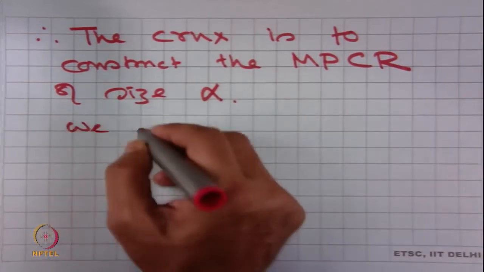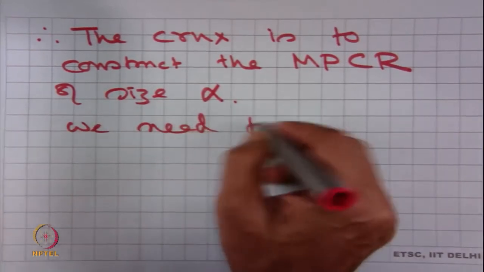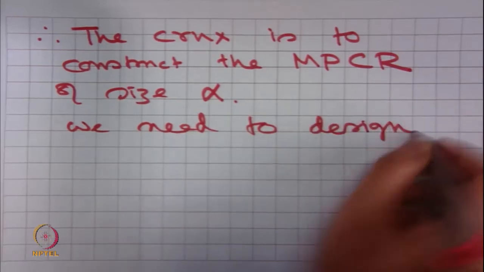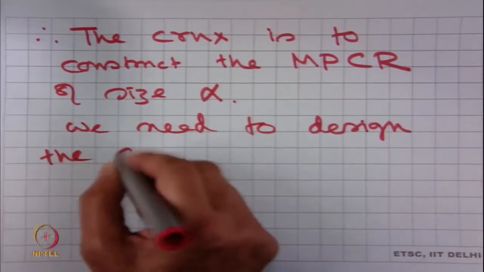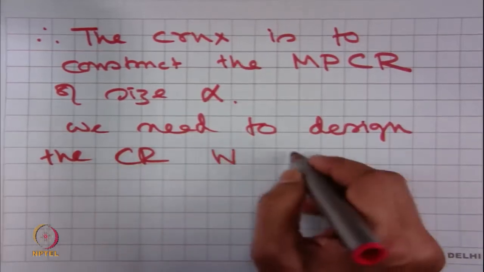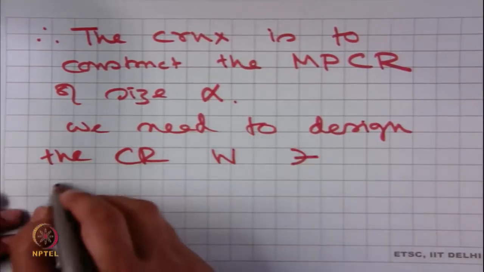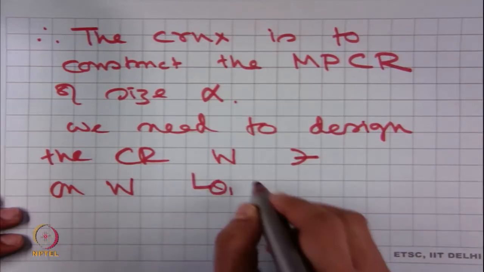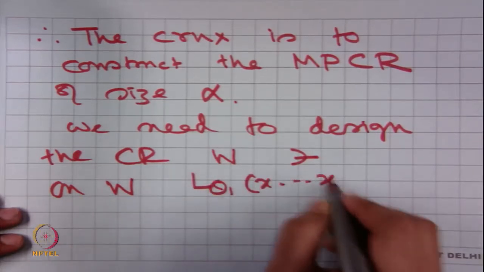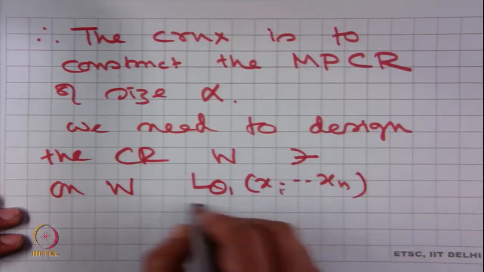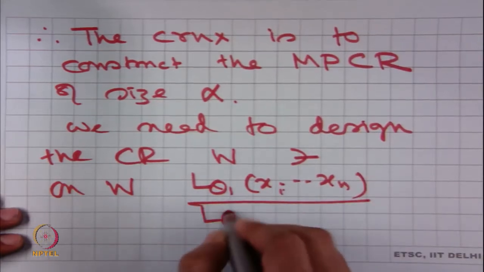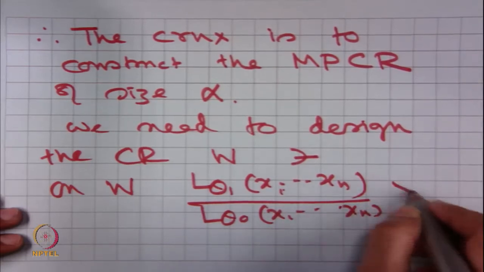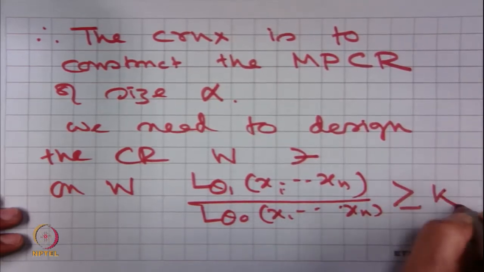We need to design the critical region W such that on W, L theta 1 of x1 x2 xn upon L theta 0 of x1 x2 xn is greater than or equal to k.